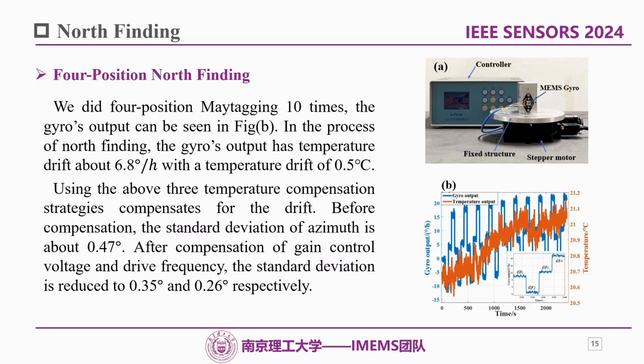Before the compensation, the standard deviation of azimuth is about 0.47 degree. After compensation of gain control voltage and drive frequency, the standard deviation is reduced to 0.35 degree and 0.26 degree respectively.